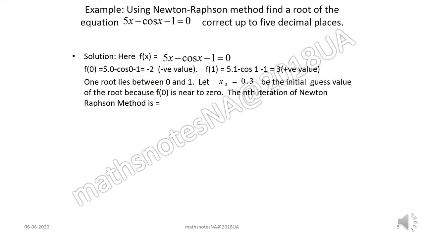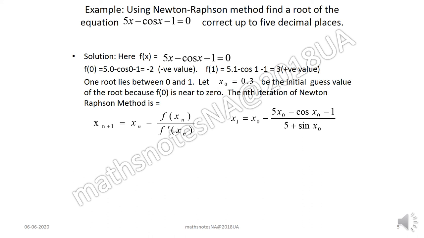Here we take x0 as 0.3 as initial guess of the root, and we see that Newton-Raphson method's nth formula is xn plus 1 is equal to xn minus fxn upon f dash xn. Now we substitute n is equal to 0 and get this value by putting the xn, fxn and f dash xn here.